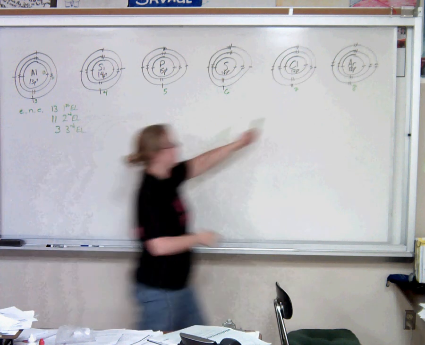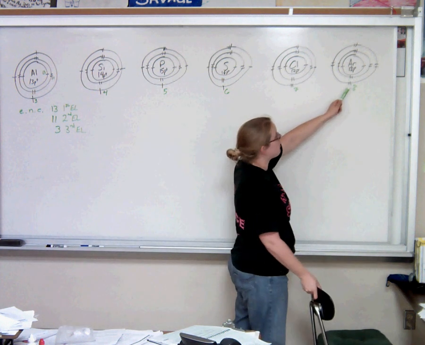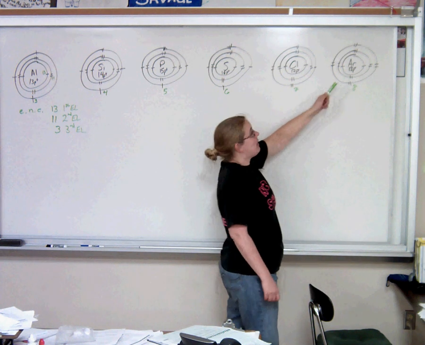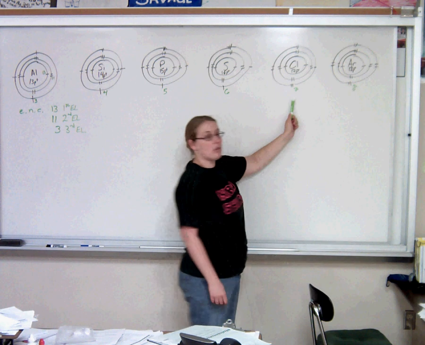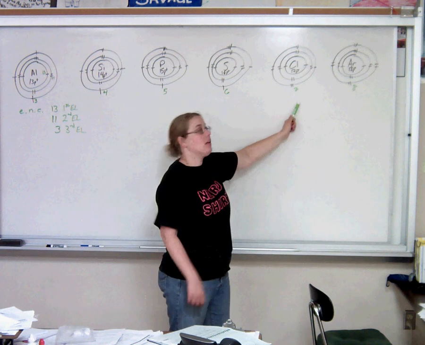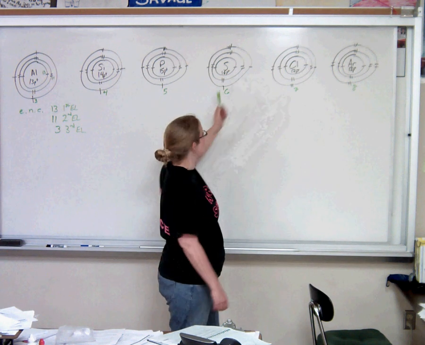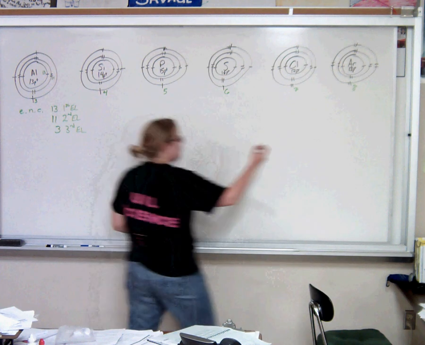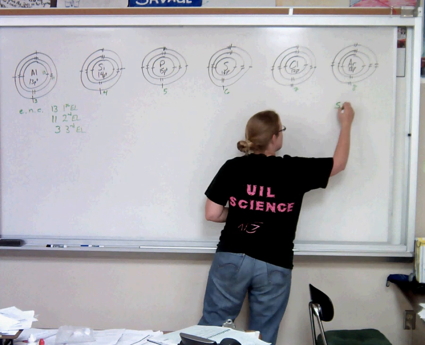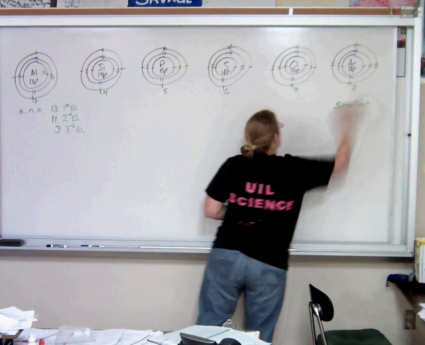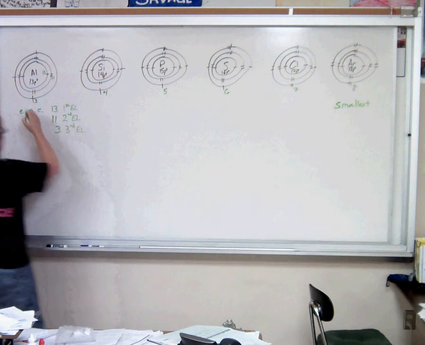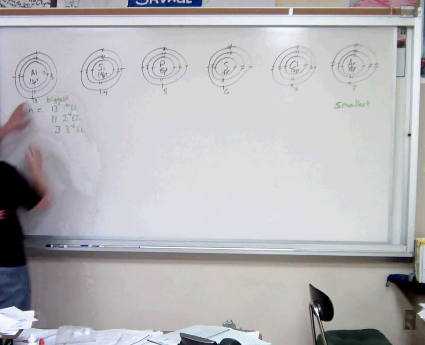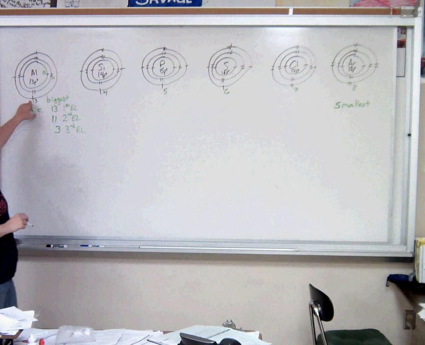So if argon is pulling its valence electrons in with a force of 8, then it is going to be smaller than chlorine, which is only pulling in with a force of 7. But chlorine is going to be smaller than sulfur, which is only pulling in with a force of 6. So this would be the smallest, and this would be the biggest. Because it's only able to pull its outermost electrons in with a force of 3.